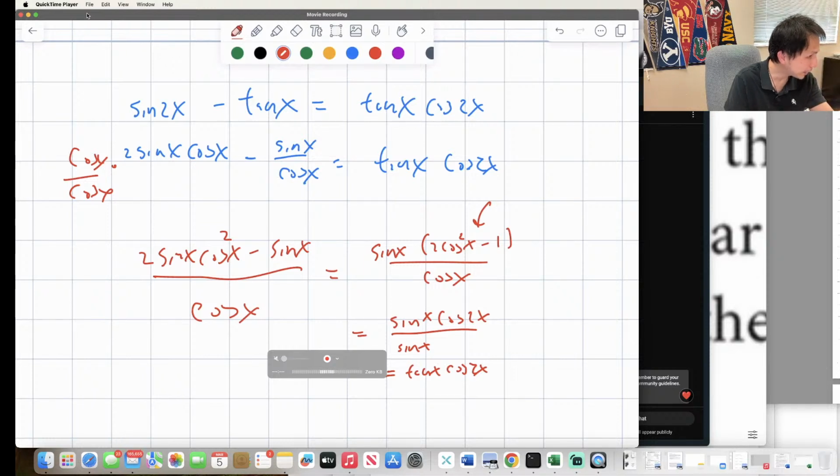You have to know your identity though. That's why I say those identities are going to help you. Which one? Can you look at your identity sheet and look at the double angle identity? This is one of the double angle identities.